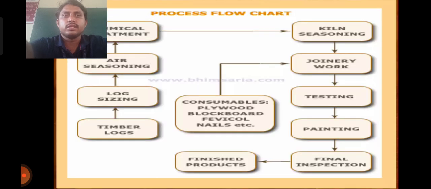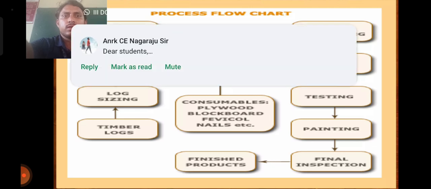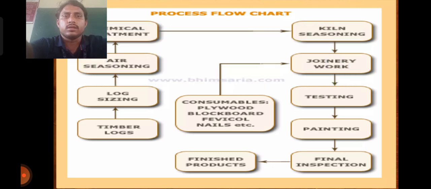If you see the process flowchart diagram, it indicates the major parts or major processes in wood technologies. It shows kiln processing and joinery work, testing and painting, panel inspection and finished projects.